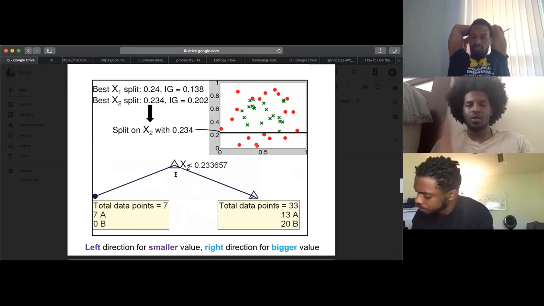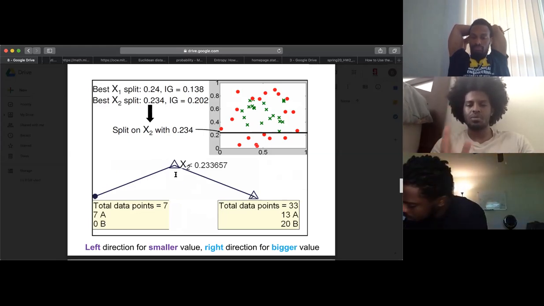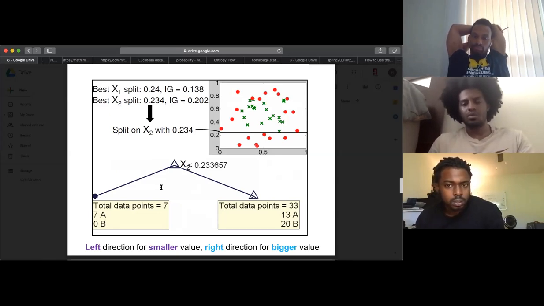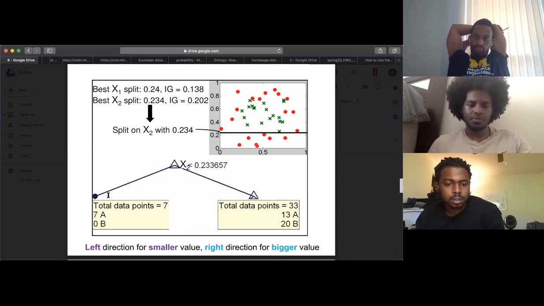So now you're looking at whether your values are below a probability of 0.23 or above a probability of 0.23. You take all of the data points that are less than 0.23, and you store them in a child node or an array, and they stay to the left.